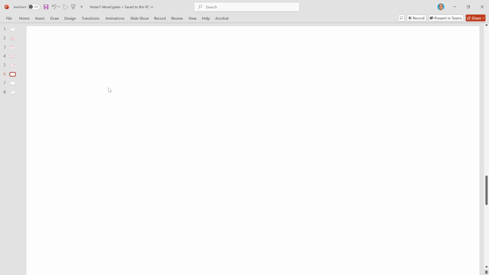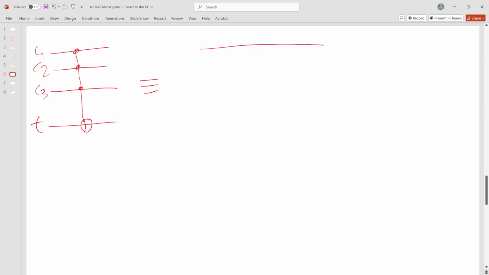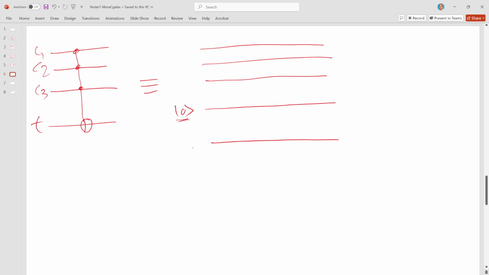Suppose you want to construct this gate that has three control qubits and one target qubit. Now I can do this using one ancilla qubit that is tied to the 0 state, like this.